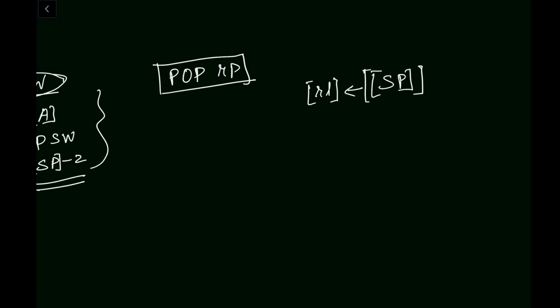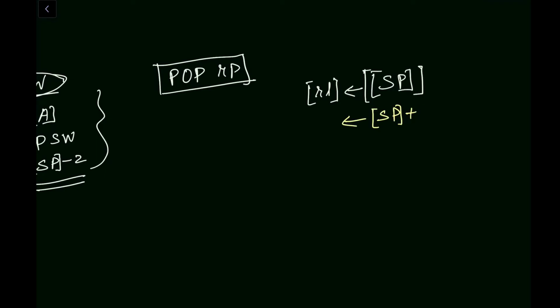Here we use 2 square brackets because we want to access the data. When we write SP within a square bracket, this means an address. When we give 2 square brackets, that means the data available at that address. So whatever data is available at that stack pointer memory address will be loaded into RL.